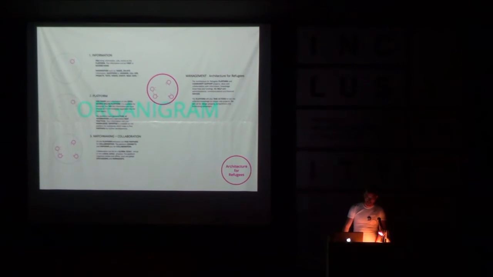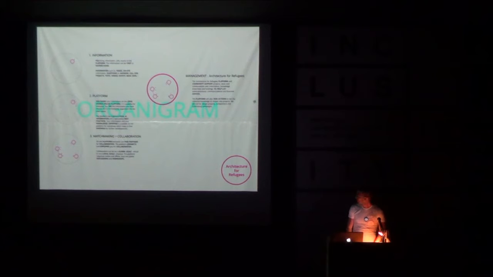What is this open source online platform? What do we collect and share? We share these kinds of things. How do we work? There are, let's say, three very simple steps. The first is the information. You have some information about refugee architecture, you bring it to the platform. Then the second step is the platform, where you share it.